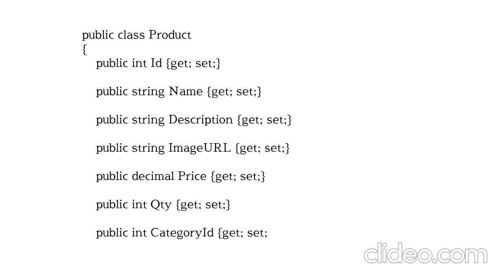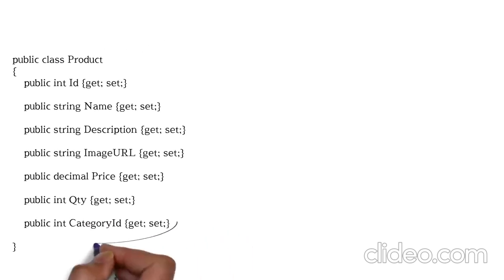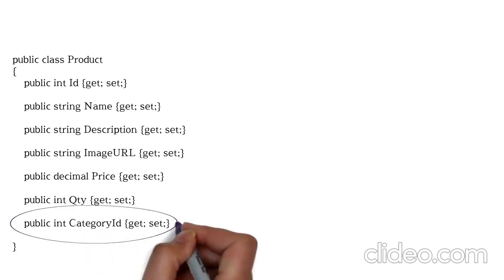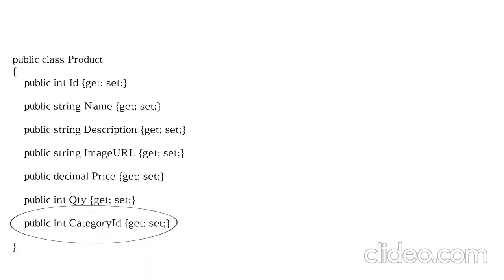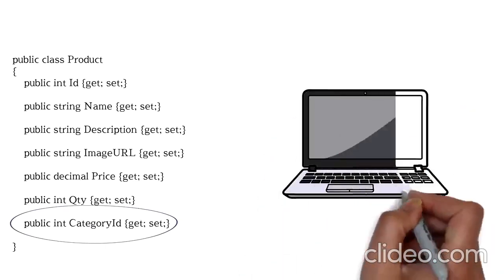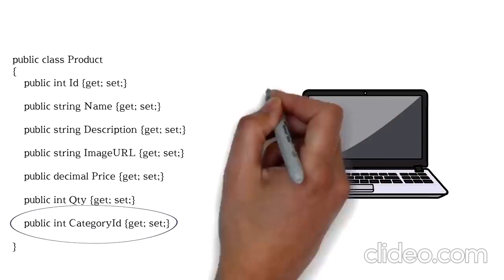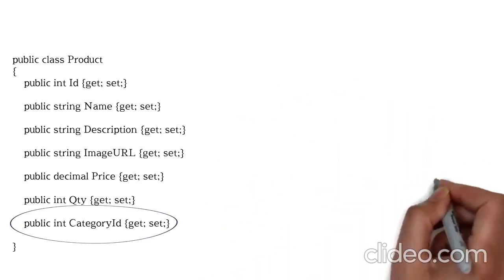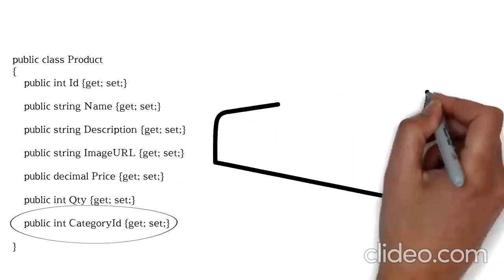The product class contains certain product-related properties, one of which is the category ID. A particular category ID value could, for example, denote that a particular product falls under the electronics category and could, for example, be a laptop. Or, for example, the product could fall under the furniture category and could be, for example, a couch.